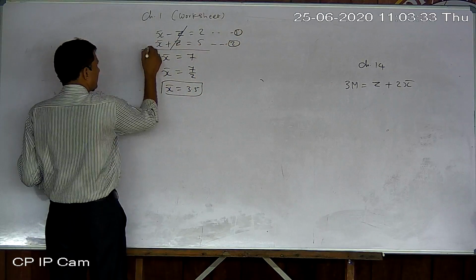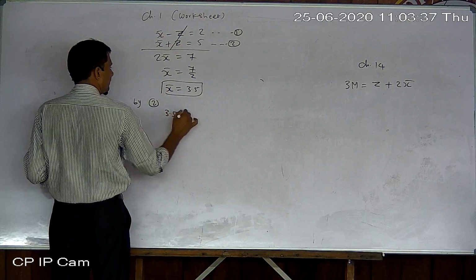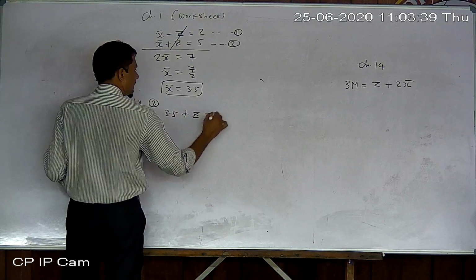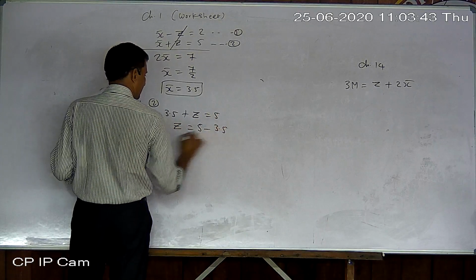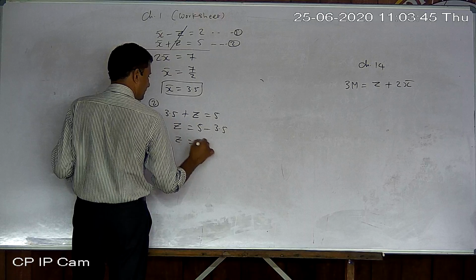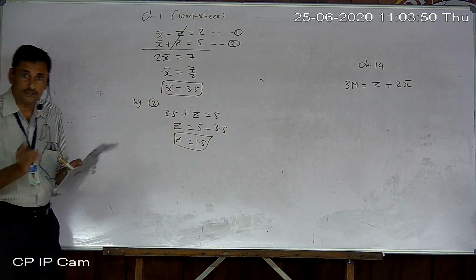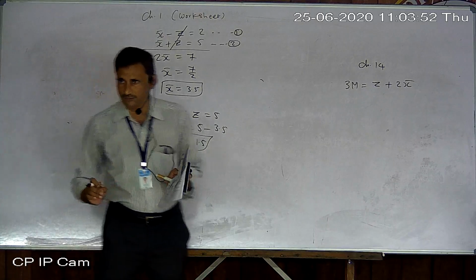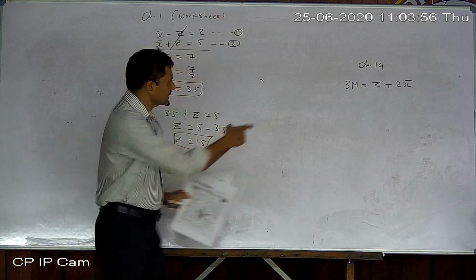Now use the second one. So x bar 3.5 plus z equal to 5. So z equal to 5 minus 3.5, so z equal to 1.5. So we got both variables, we just solved both simultaneous equations by the elimination method. Now use that formula.